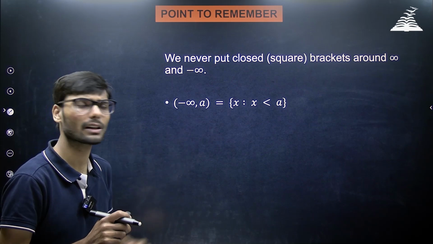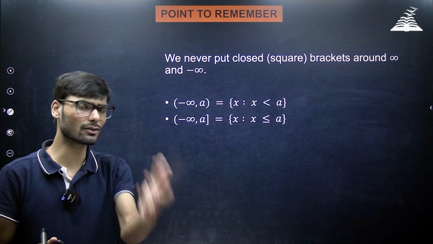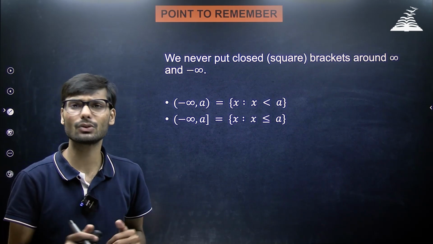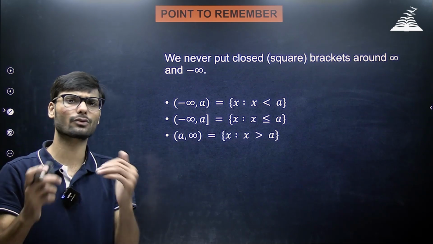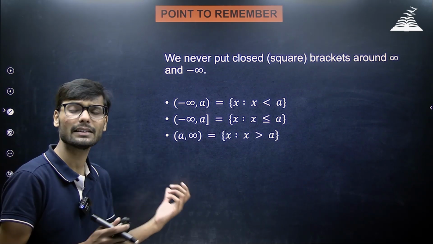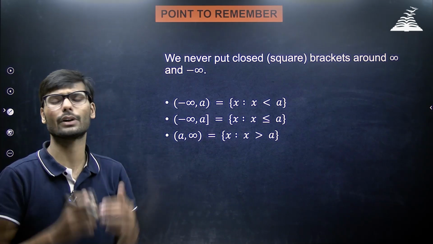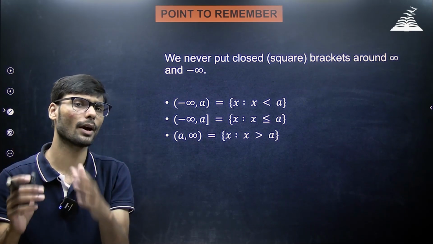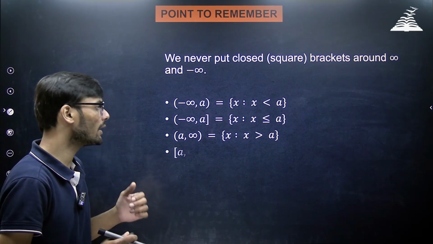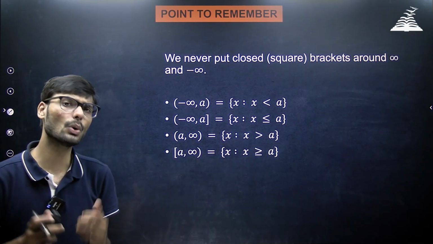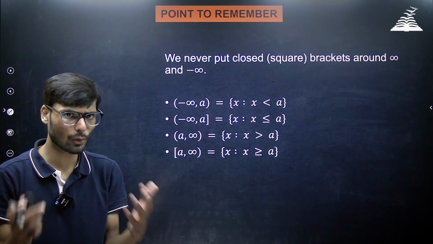Similarly, in case we put a square bracket at A, that means x can be equal to A also. x has to be less than A, but it could be equal to A. It might also be written A to infinity. In this case, x will be greater than A. Obviously, since there is a round bracket at A, that means A is not included. x cannot be equal to A. Now, we can put a square bracket at A. That will imply that x can be equal to A. So these are 4 more intervals that you will see in different questions.